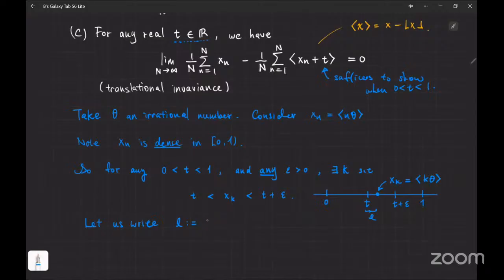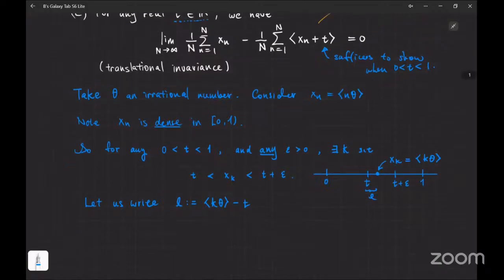So this is k theta minus t. Okay, so let's take a generic n theta and compare with this. So let's examine xn in general, and L.